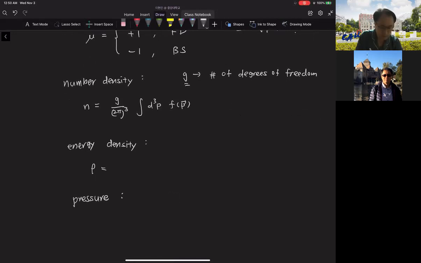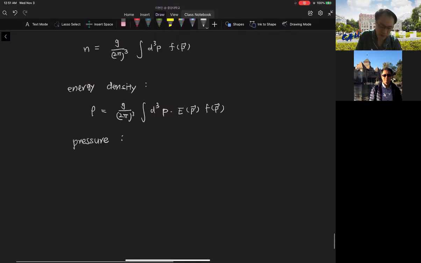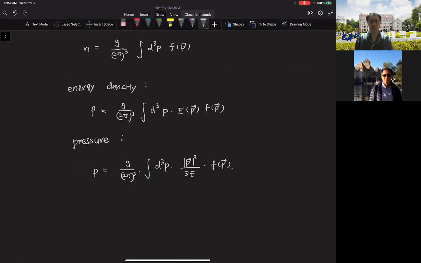The energy density is just a weighted integral with the energy, and energy is a function of momentum. The pressure is similarly defined by a weighted integral, but there's a non-trivial factor here: momentum squared divided by 3 times energy.